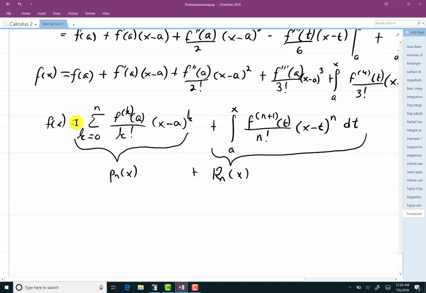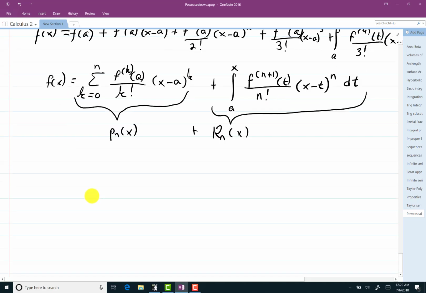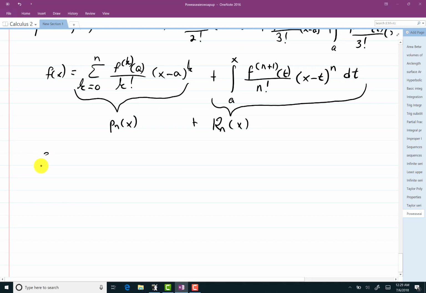I'll have an infinite series that equals f of x. And that's not so hard. Watch. I'll have f of x equals, let's put the series in there. Let's do the limit as n goes to infinity. The limit as n goes to infinity of f of x will be f of x because there's no n involved in it. So it'll be P sub n of x plus R sub n of x.